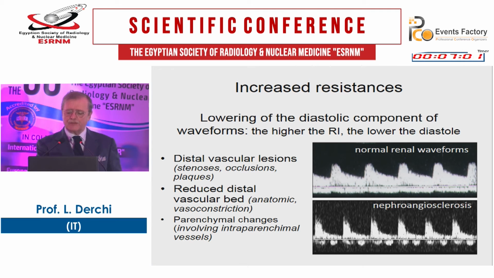But if the patient has nephroangiosclerosis, which reduces the vessel diameter throughout the kidney, you will see that there is much less diastolic component. And this can be seen, for instance, also in reduced vascular bed from vasoconstriction, or before a severe stenosis or before a severe plaque.